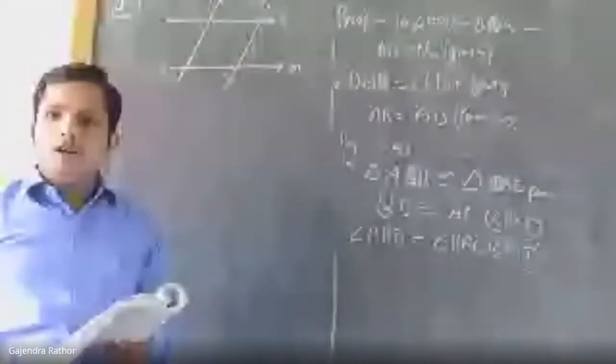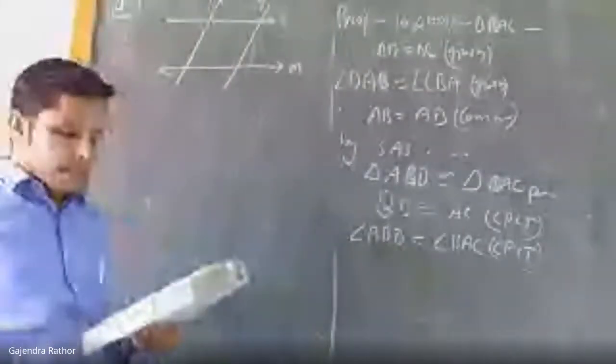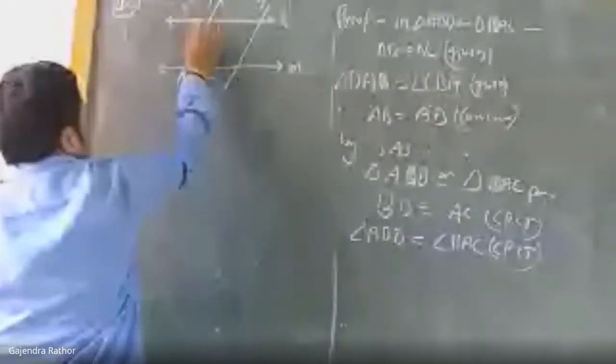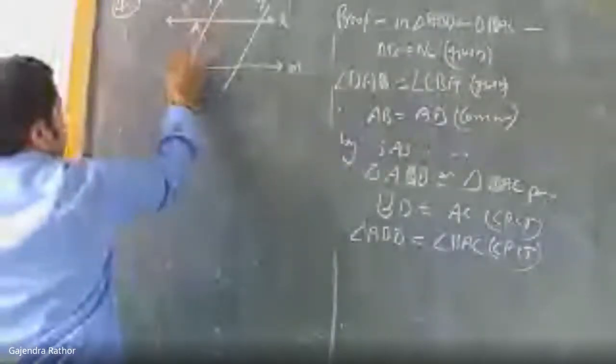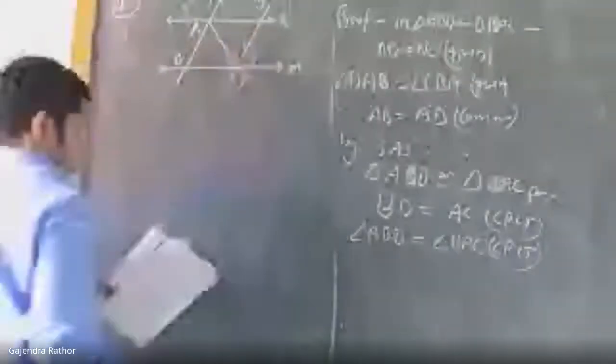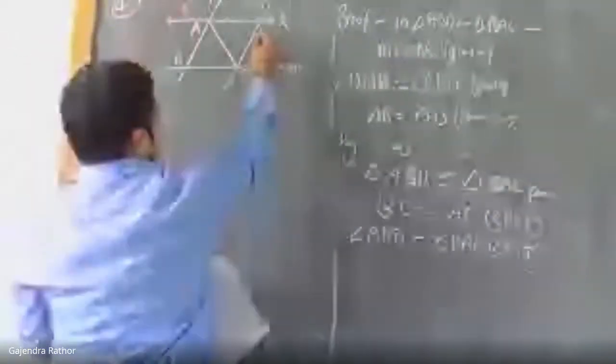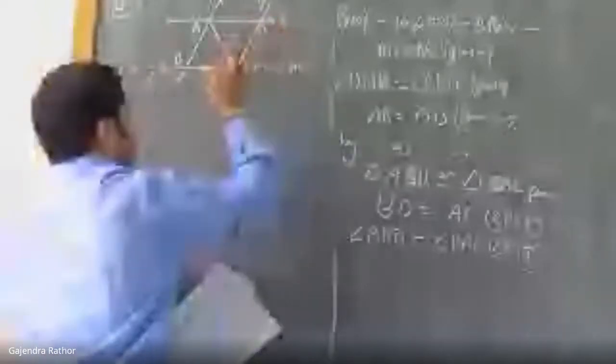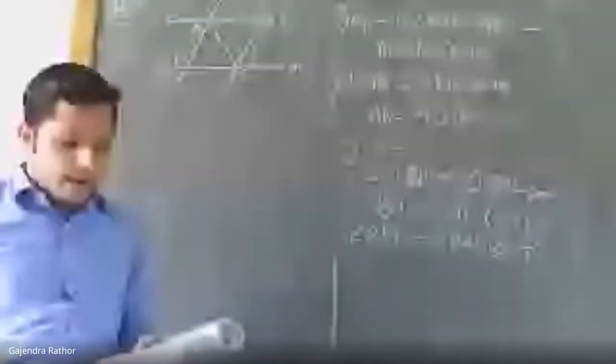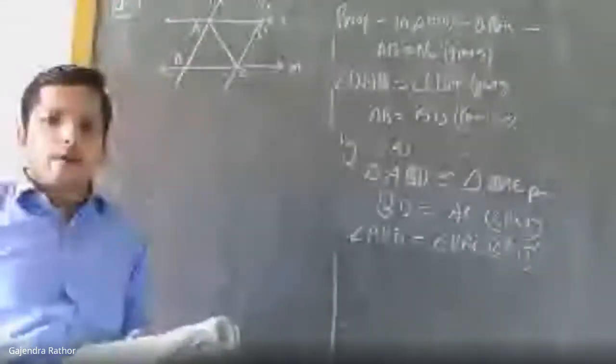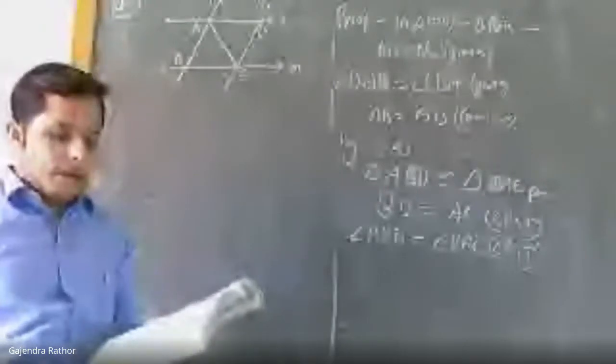So we need to prove that triangle ABC. So this is point A, this is B, this is C, one line, and this is D. So we need to show that triangle ABC is congruent to triangle CDA.